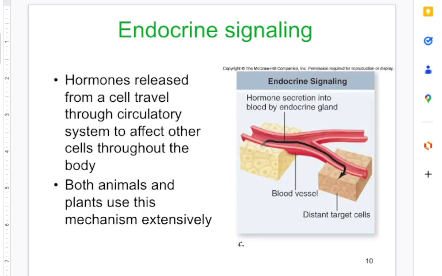Endocrine signaling. So endocrine is actually a huge part of our body systems functioning. So endocrine glands work by secreting, producing, storing hormones. And these hormones are released by these endocrine glands into the circulatory system or the bloodstream, and they have target cells that are going to be affected by these hormones being released throughout the body.